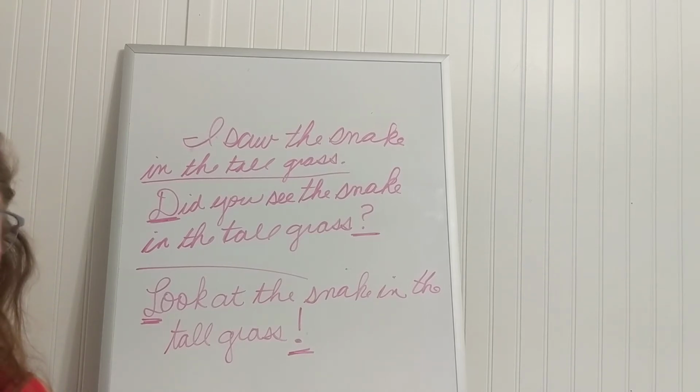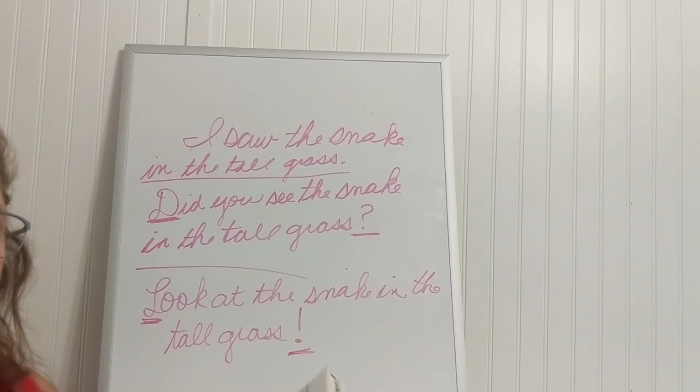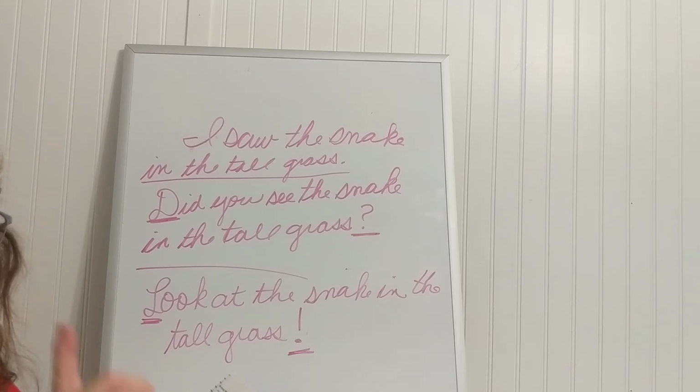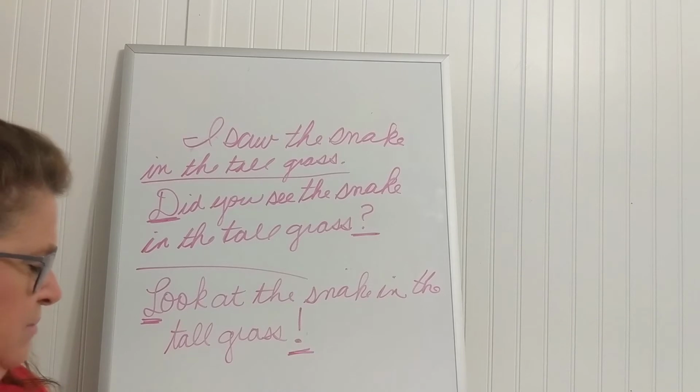Edgar Allan Poe is our subject. Now let me ask you, there's more than one word in our subject, so do we have a compound subject? Please say no, Ms. McDermott. And why not? Because there's no joining word, there's no and. This is all one person, Edgar Allan Poe. So it is a simple subject.